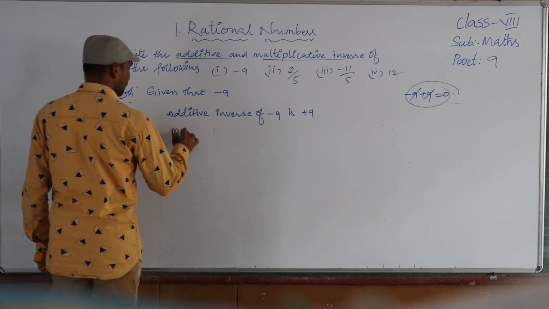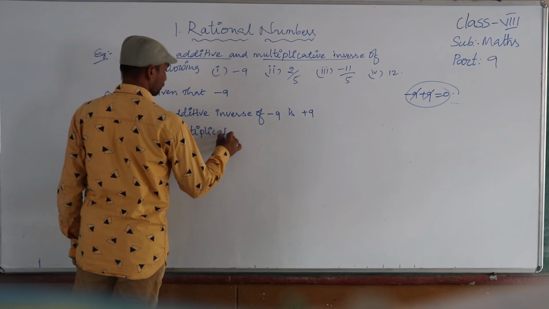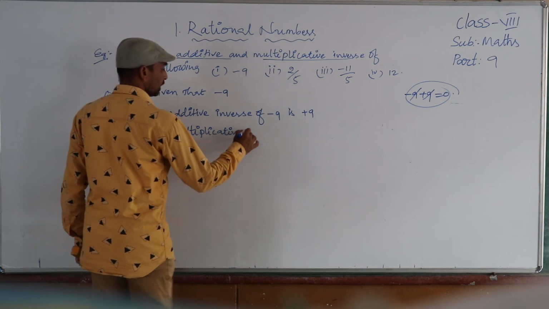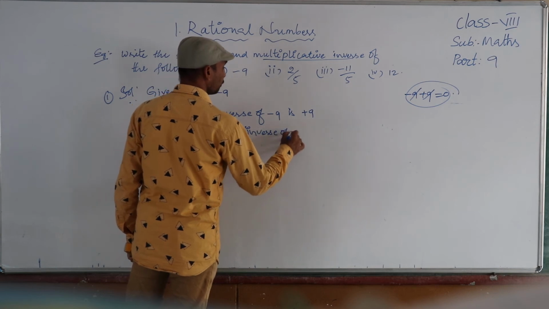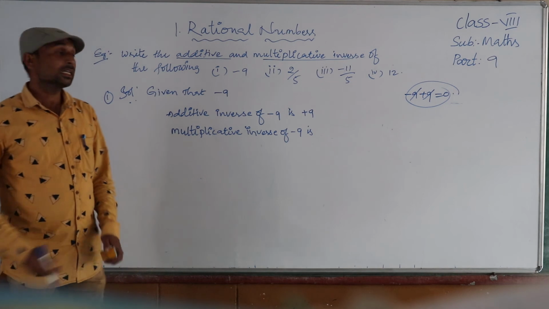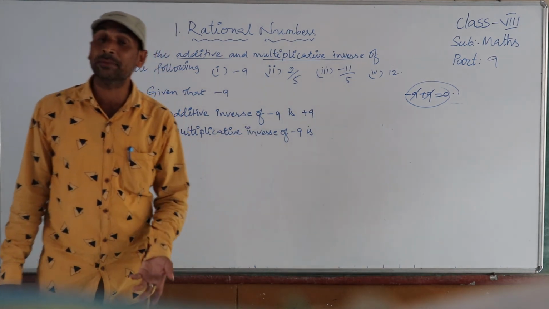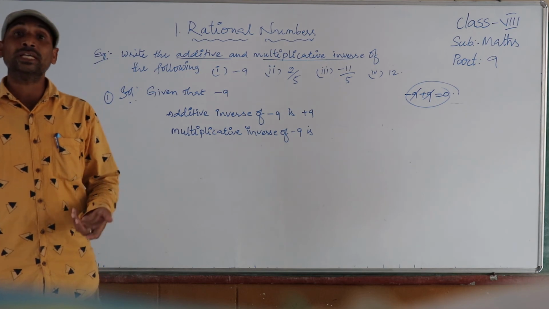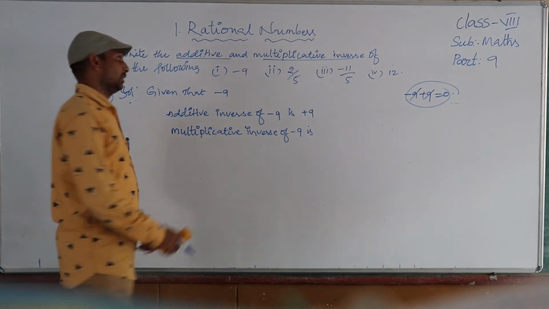Next, the multiplicative inverse of minus 9 is, then what? We have to write the reciprocal. What is the reciprocal of minus 9? Minus 1 by 9.